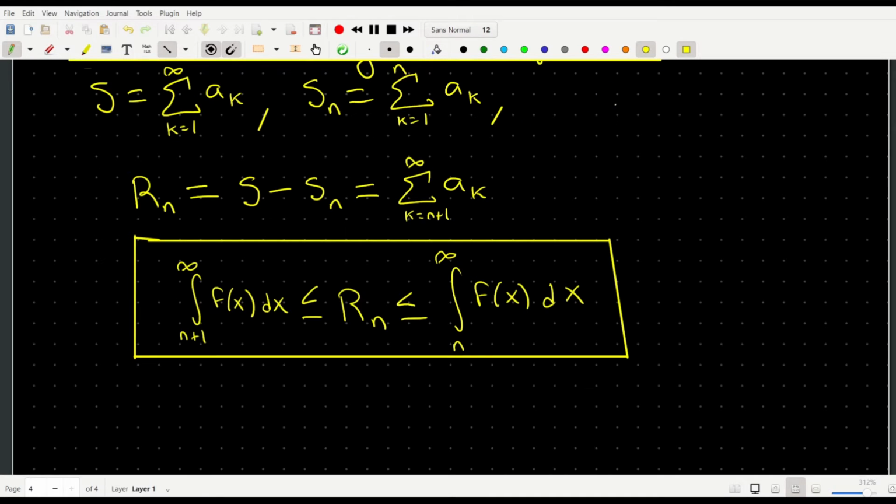It's giving us these a_k's explicitly, so each one of these a_k's is equal to this function f of k. And we have the three conditions from before for applying the integral test, which is that f is continuous, f is positive, and f is decreasing.